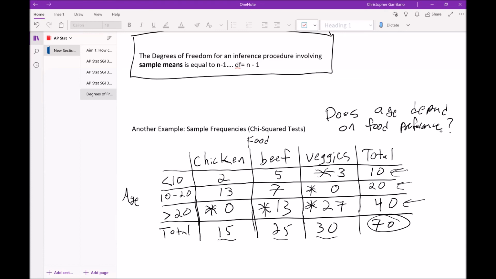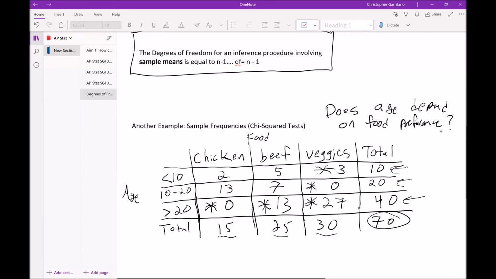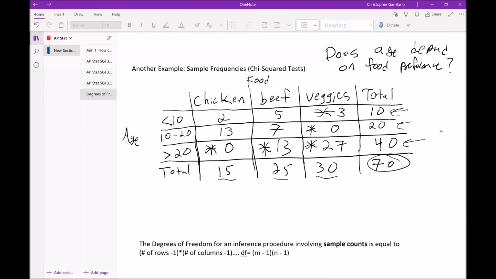But as it turns out, in general, for a chi-squared test, when we are looking at sample counts or sample frequencies, the degrees of freedom will equal number of rows minus 1, times the number of columns minus 1.